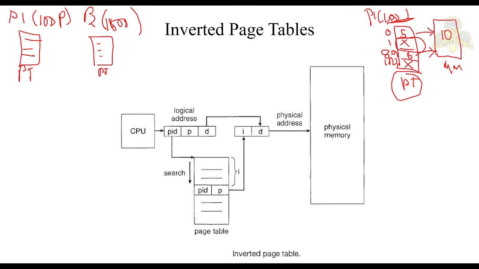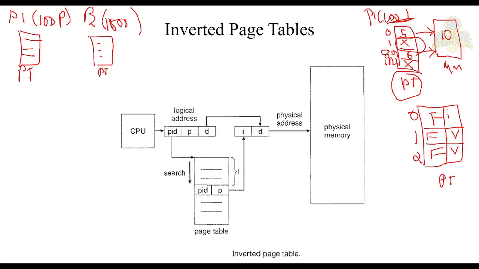So for page table protection, apart from the frame number, let me write here. Say this is your page table. It will have the frame numbers on one side, and on the other side a valid or invalid bit, which is one bit. Say this is page 0, page 1 and page 2.